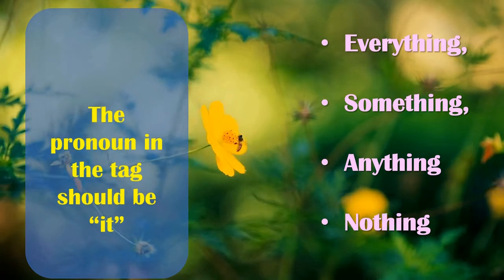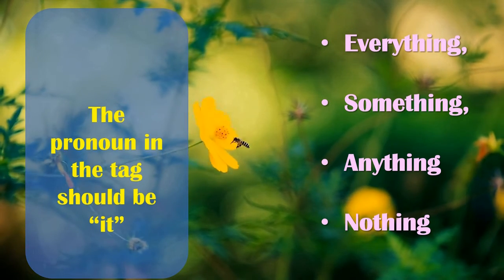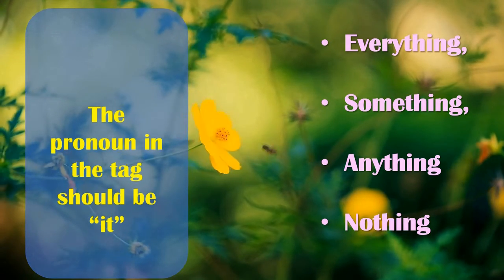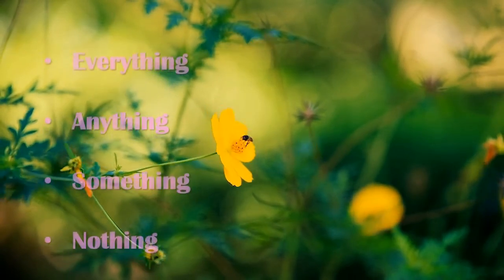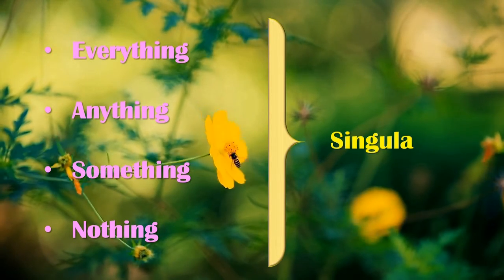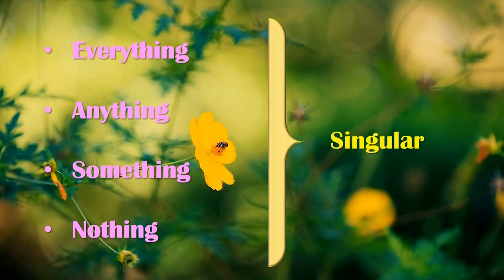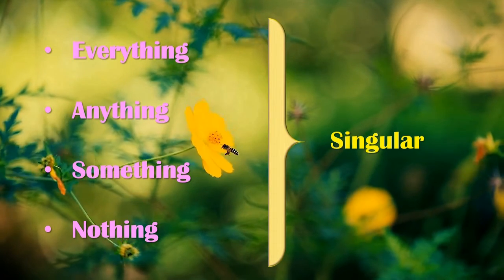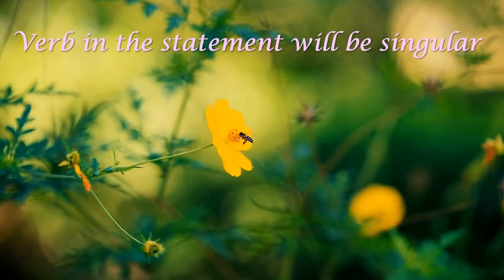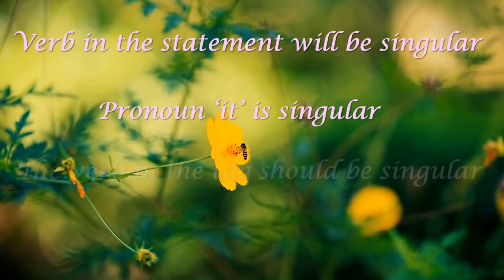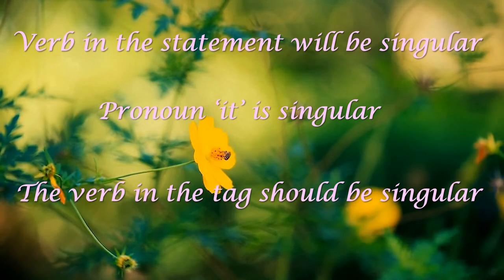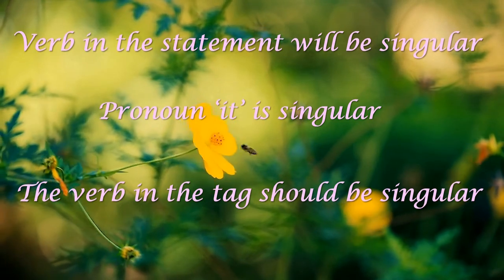It's very obvious and easy, right? And you know what makes this easier? The tag will always be singular. That is, these four words, everything, anything, nothing and something, are singular. Therefore, the verb in that sentence will also be singular. Our pronoun it is also singular. Therefore, the tag will also be singular. The verb used in the tag should also be singular. So the only thing we need to worry about here is whether the sentence is positive or negative.